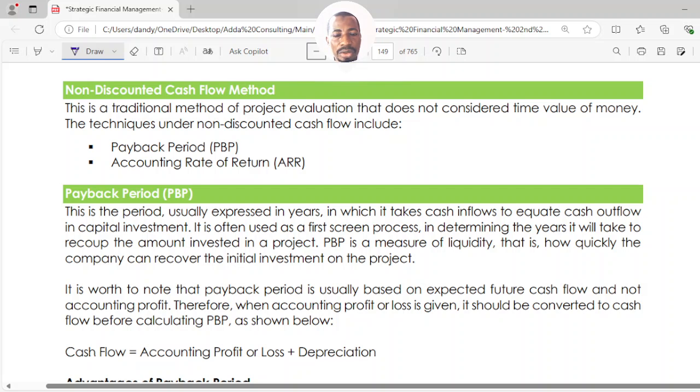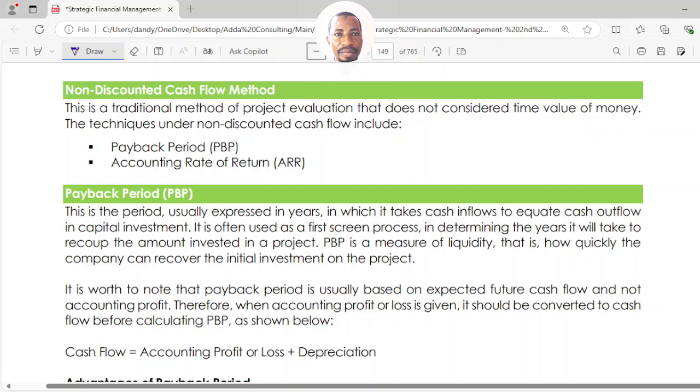We have discussed so far net present value, internal rate of return, and areas of conflict between the NPV and the internal rate of return. We also discussed discounted payback period and finally modified internal rate of return under the discounted cash flow method.